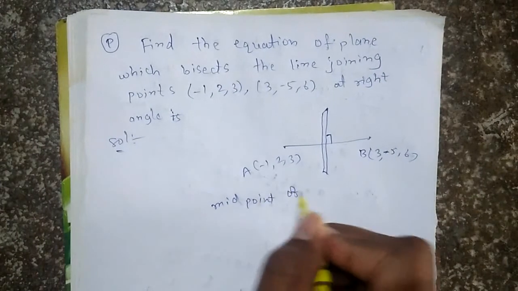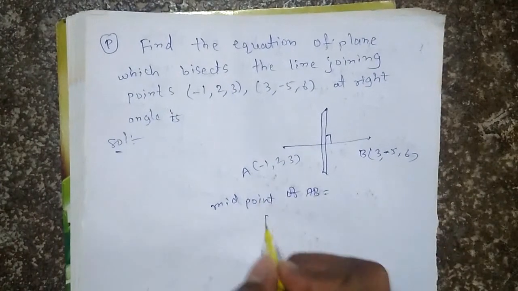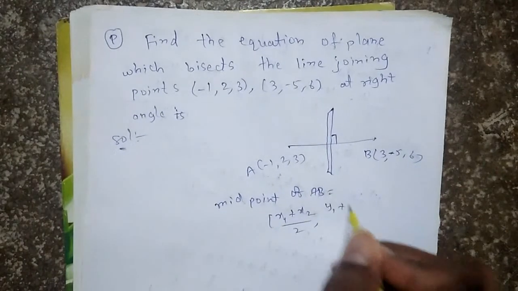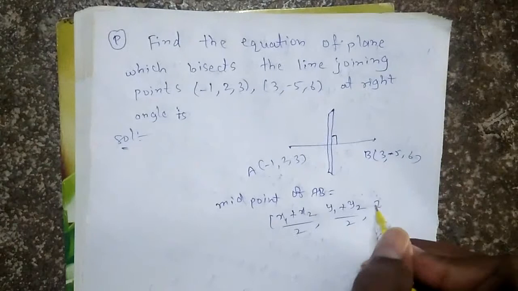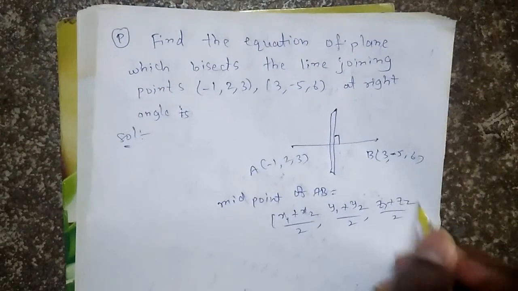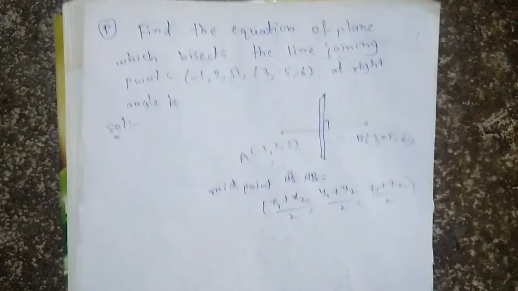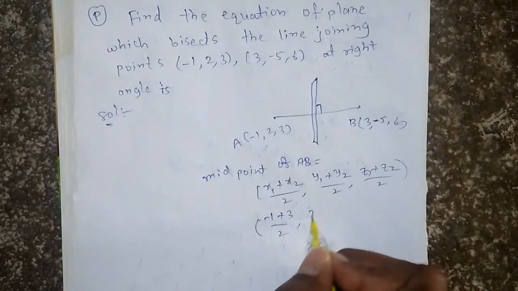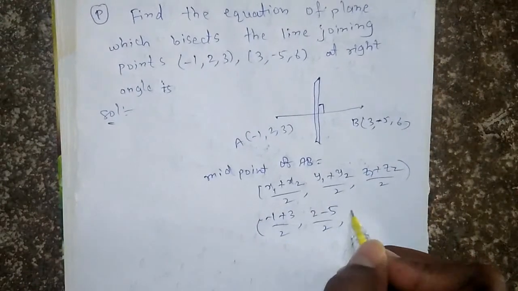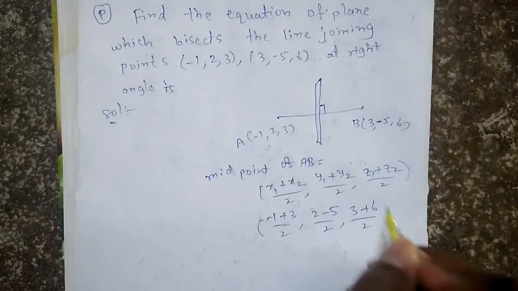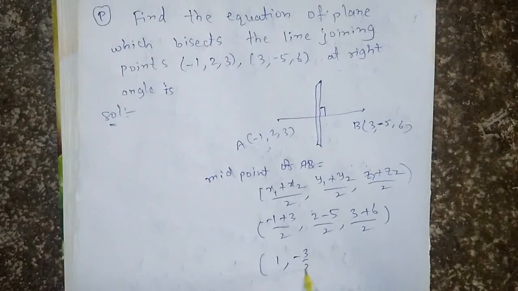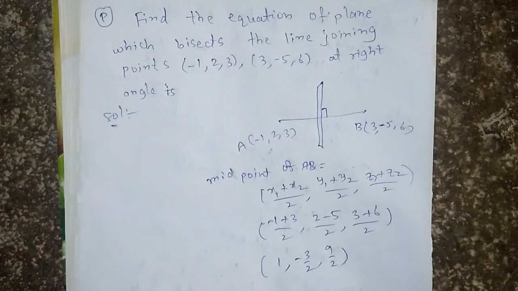Midpoint of AB is x1 plus x2 by 2, y1 plus y2 by 2, z1 plus z2 by 2. So that is equal to -1 plus 3 by 2, 2 minus 5 by 2, 3 plus 6 by 2. This is 2 by 2 is 1, this is -3 by 2, this is 9 by 2.